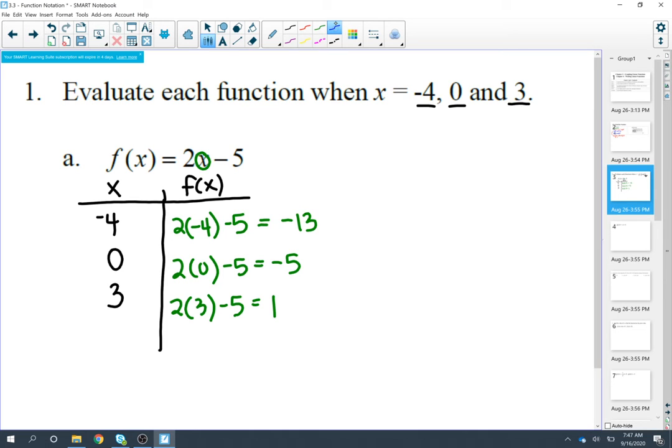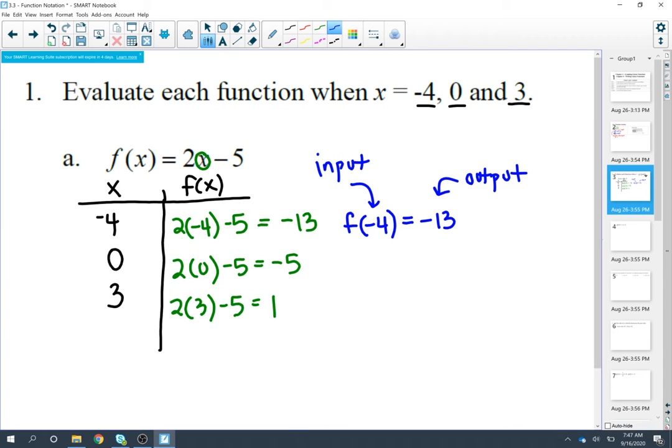Now, another way to write that is I could say f of -4. So I substituted a -4, and I got -13. This was my input. This is my output. This is my domain.